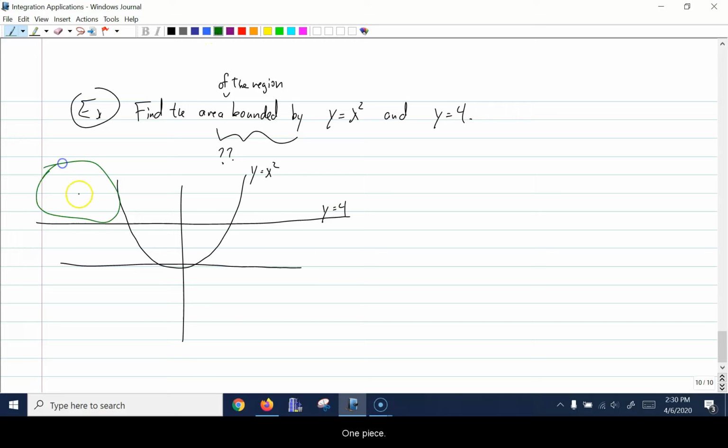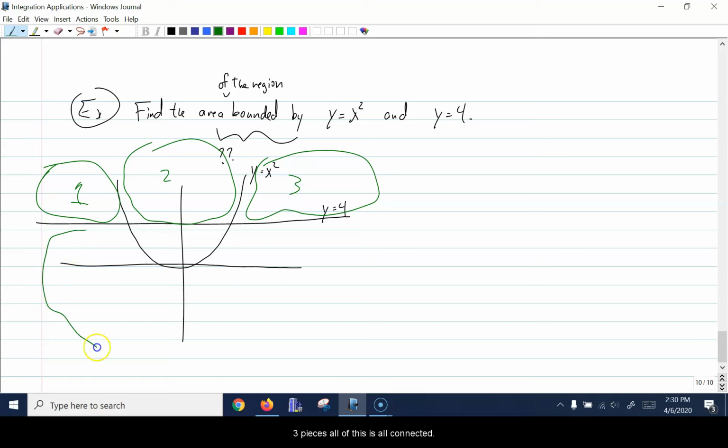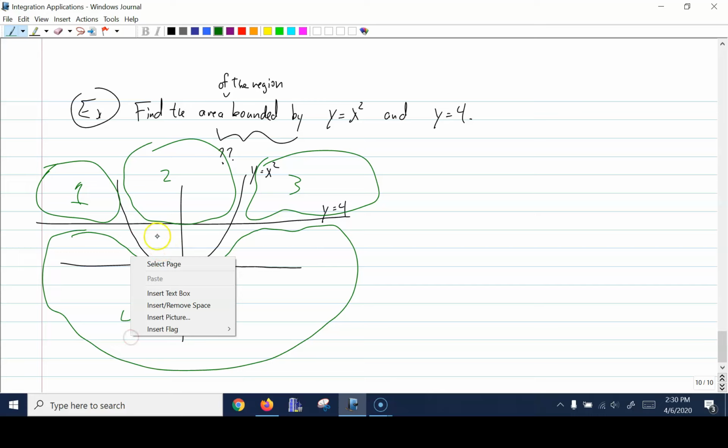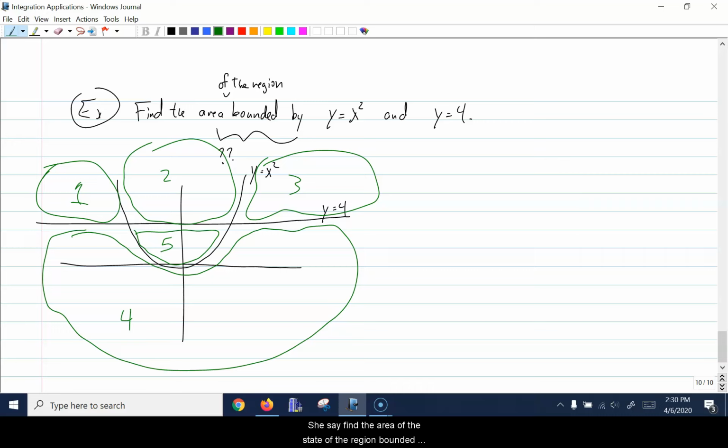We got 1 piece, 2 pieces, 3 pieces. All of this is connected. 4 pieces, 5 pieces. To say find the area of the region bounded by is to take all of those regions which are bounded. Most of these regions go out to infinity in some direction or another.